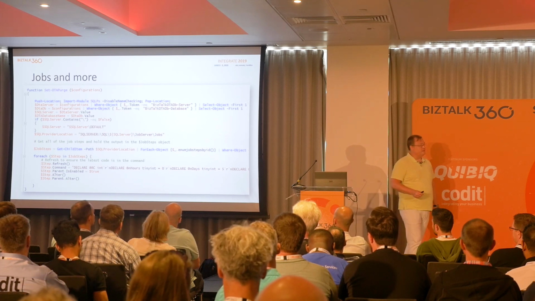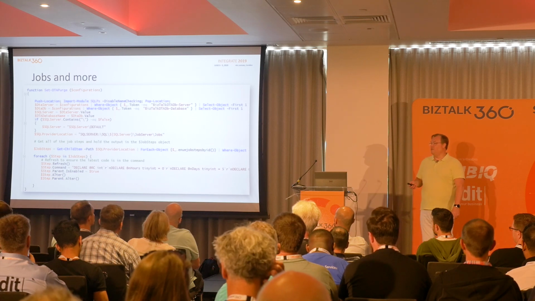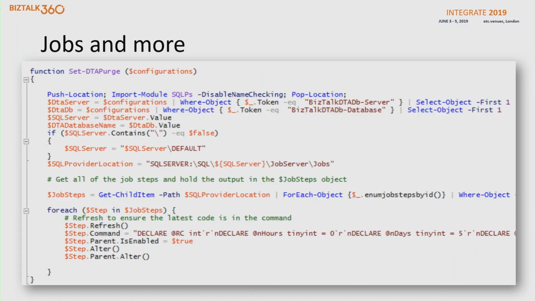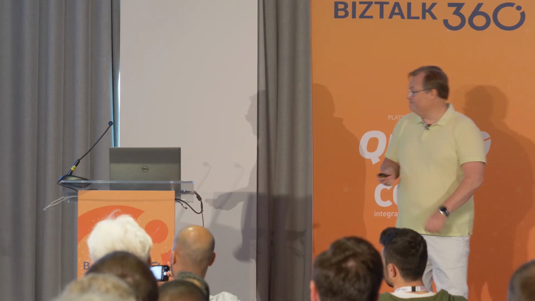So it's quite neat to do it that way. And remember, I've seen a lot of environments where I can see quite quickly if they have forgotten to do that, because the databases, if you run a BizTalk environment and don't do the DTA purge or take backups for a couple of weeks, the databases grow.